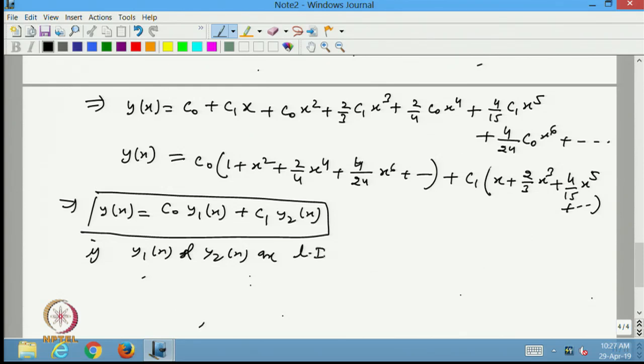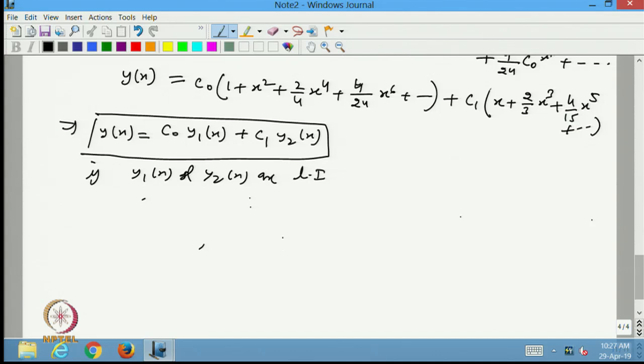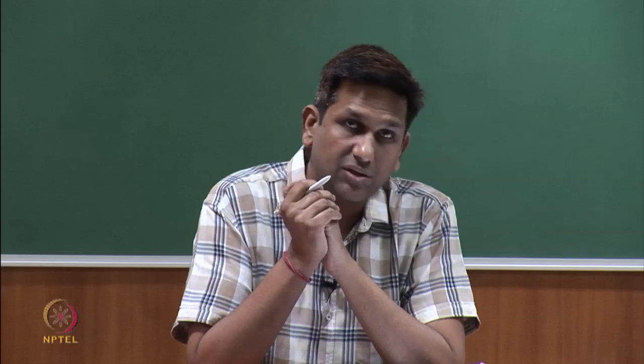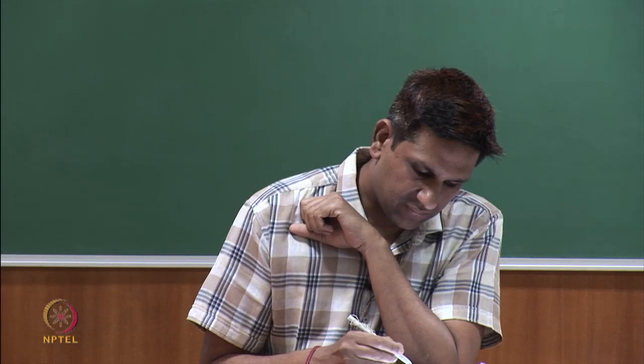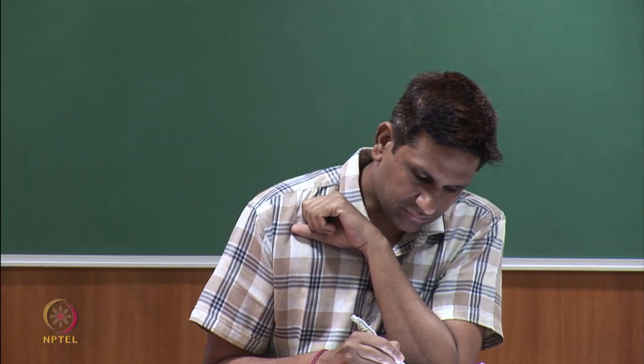This is the general solution if y1x and y2x are linearly independent, because here it is just an infinite series and here also it is an infinite series, and I want to check whether these infinite series are linearly independent or not. So, how can we verify or check whether these two functions y1x and y2x are linearly independent? Then we go back to the Wronskian.